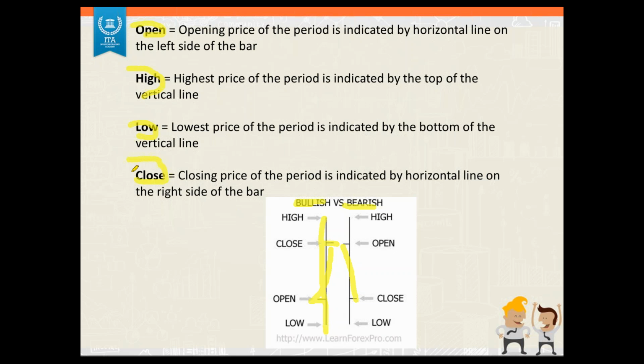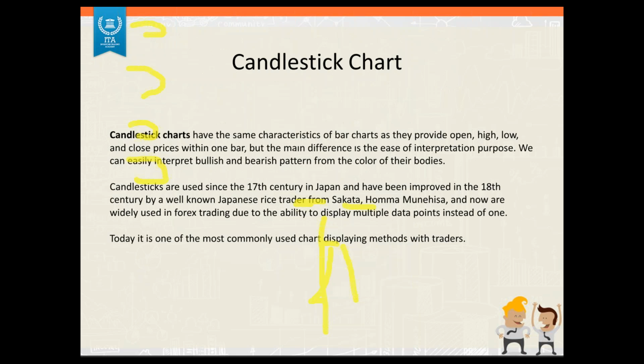So often a bar chart is also referred to as an OHLC. So if you hear somebody or you're looking at something and it says the OHLC chart, it's the same as a bar chart. It's just a different nickname. So this is why the bar chart is so valuable.